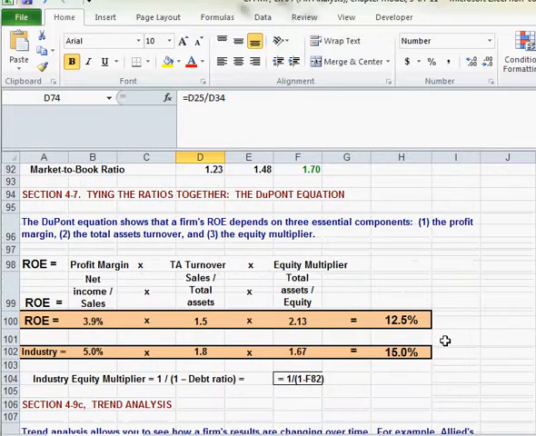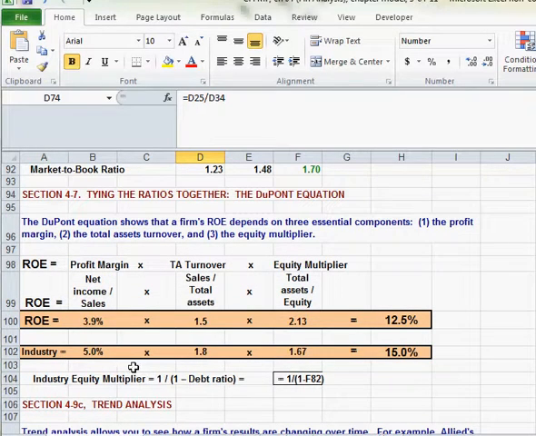But we could also break that apart: we take our net income divided by our sales and get our profit margin of 3.9, multiply that times our total asset turnover, which is sales divided by total assets, 1.5, and finally by the equity multiplier, which is total assets divided by the equity. We compare that with our industry average of 15%, and we can tell where our problems are.